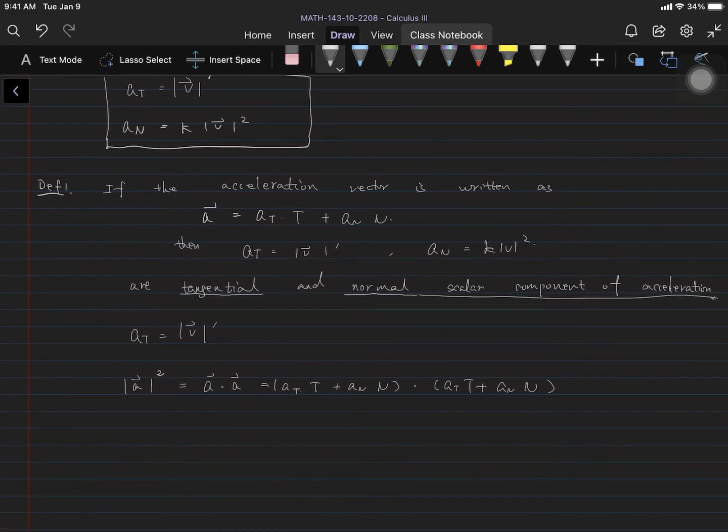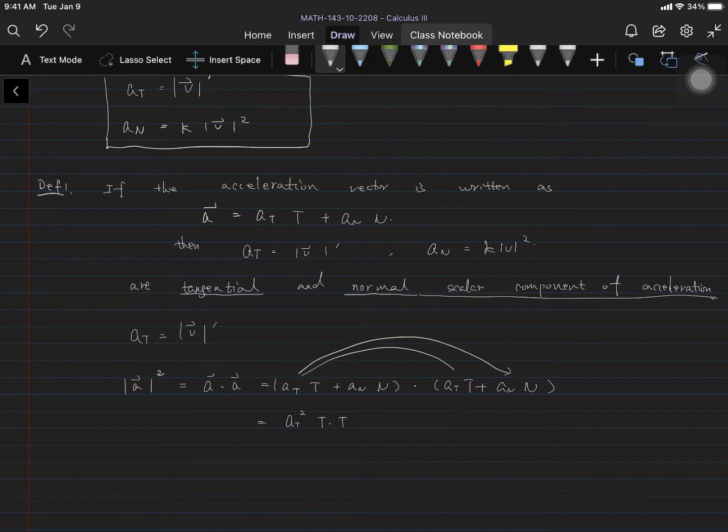Okay, let's perform this product. And this gives us what? This gives us a_t squared times T dot T, right? Here a_t and a_n are both scalars, so treat them as constants.